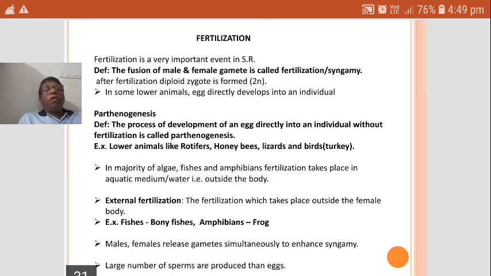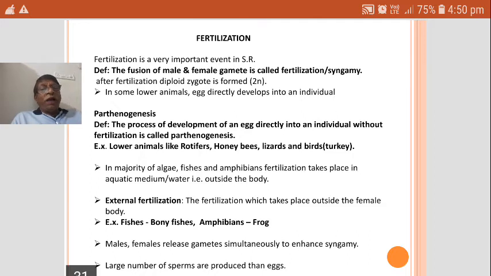We call it parthenogenesis. That is, the male and female gametes are formed. The female gamete, the egg or the ovum, directly develops into an animal or individual. What we call parthenogenesis.